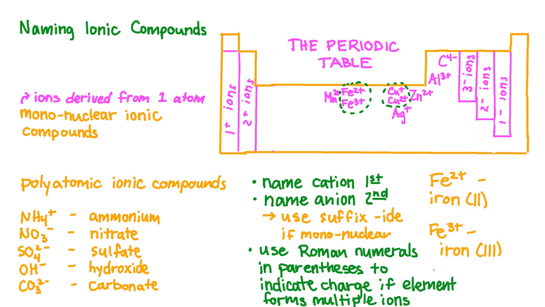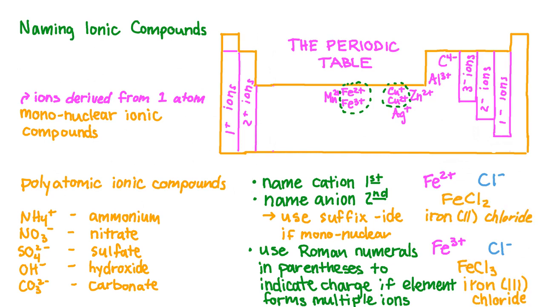So Fe2+ would be called iron 2, and Fe3+ would be called iron 3. This of course means that there would be 2 compounds containing iron and chlorine, for instance. But because the ions in ionic compounds combine in specific ratios based on their charge, we should be able to work out which cation we're dealing with based on the chemical formula.